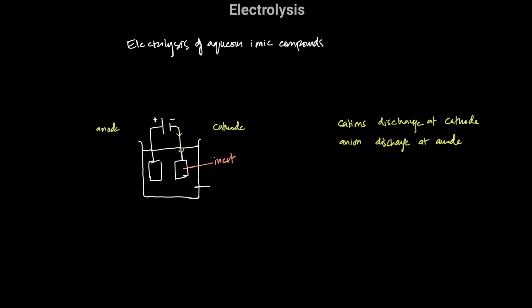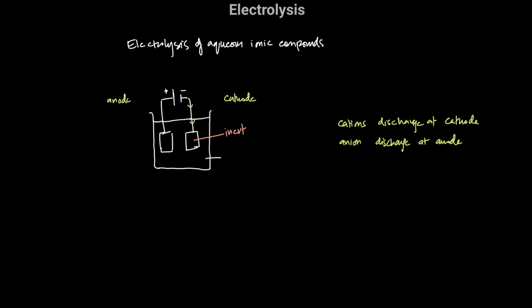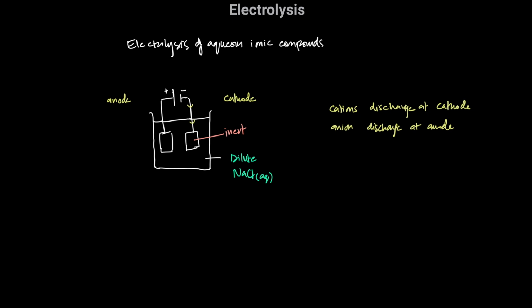So for example, now instead of looking at molten sodium chloride, let's say that we have a dilute aqueous solution of sodium chloride. So we have dilute NaCl aqueous. And again, of course, the same thing applies: cations will discharge at the cathode, and anions will discharge at the anode.